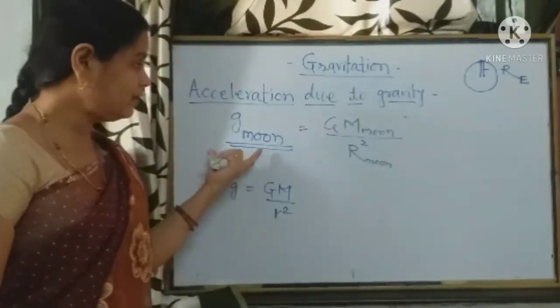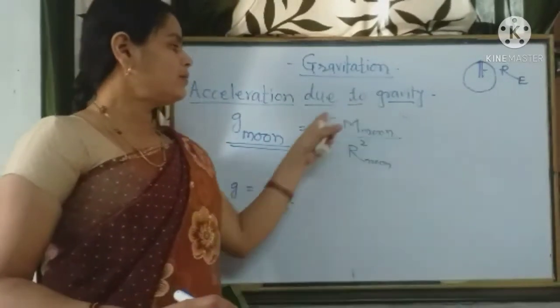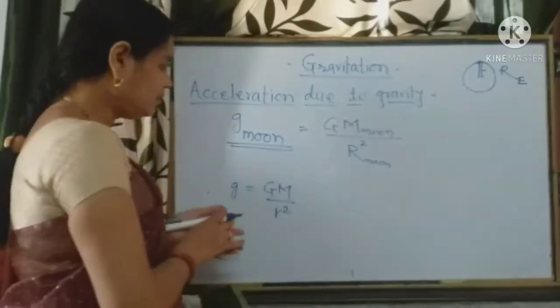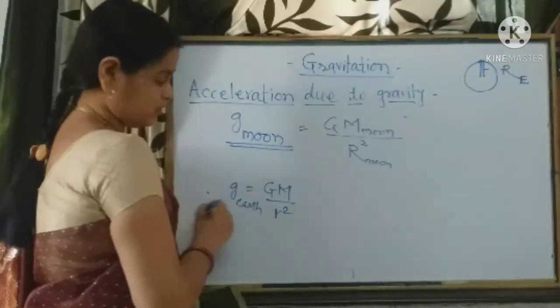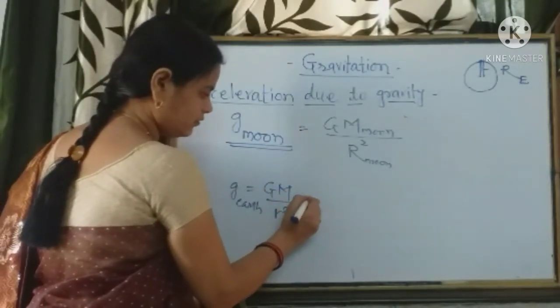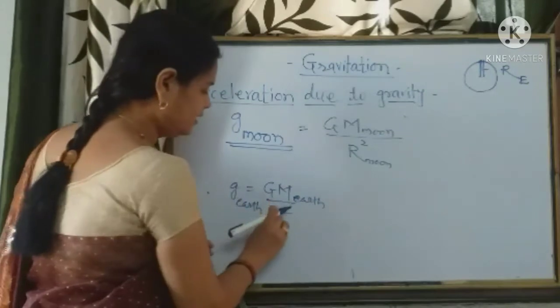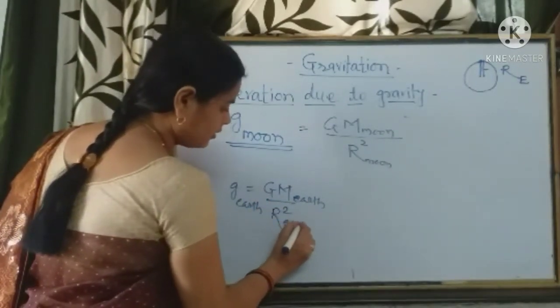It depends not only on the body, only on the properties of the planet. And thereby, suppose this is the acceleration towards Earth, then this should be the mass of Earth, and the square of the radius of Earth.